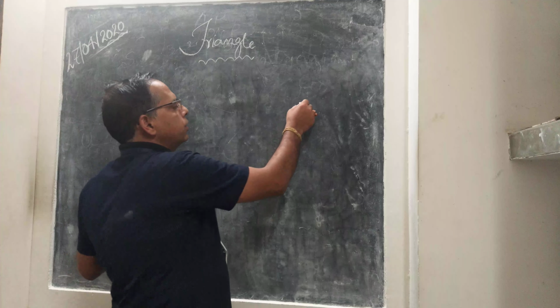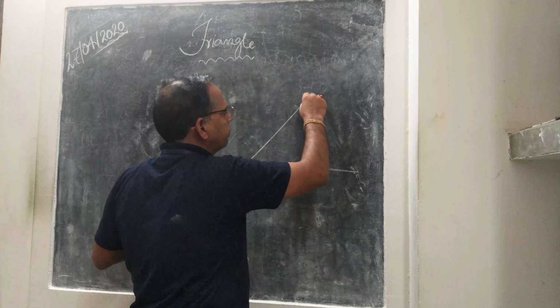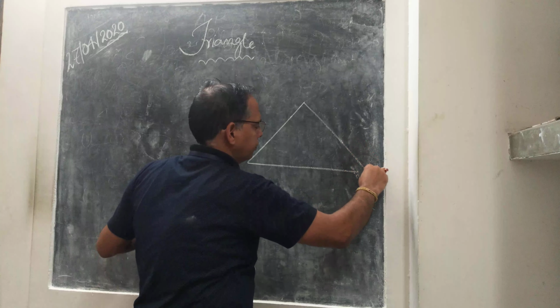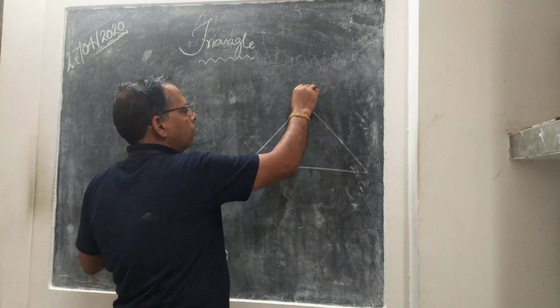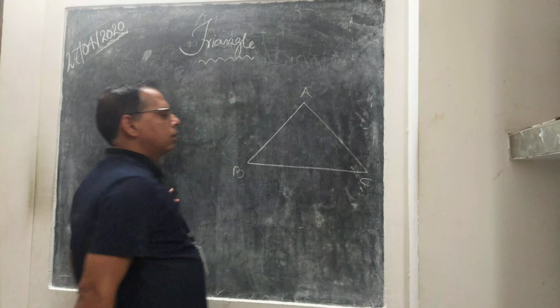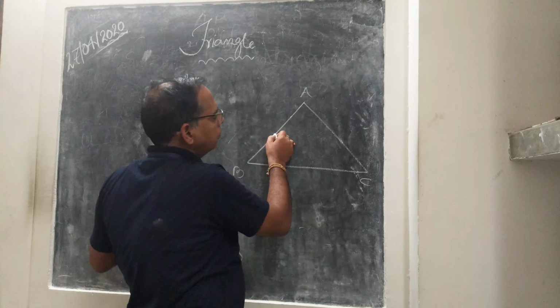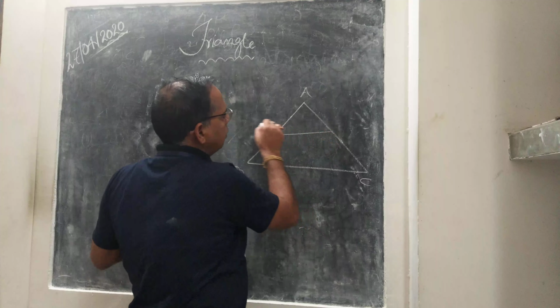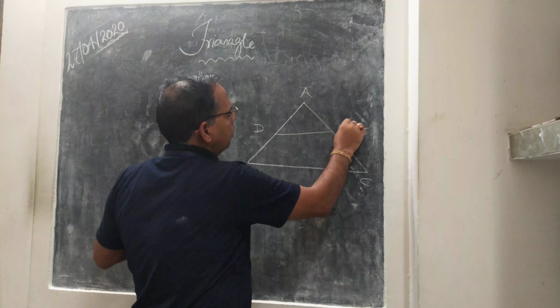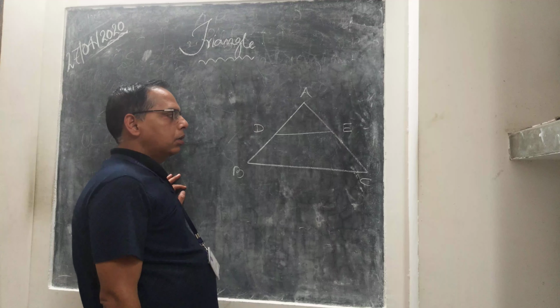See, this is a triangle ABC. Now suppose D and E are points on the sides.